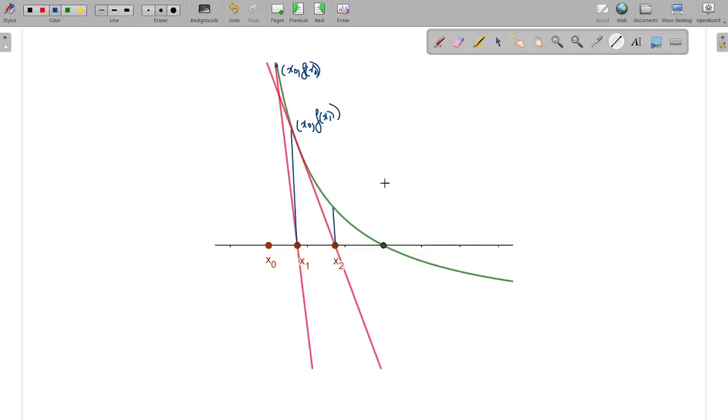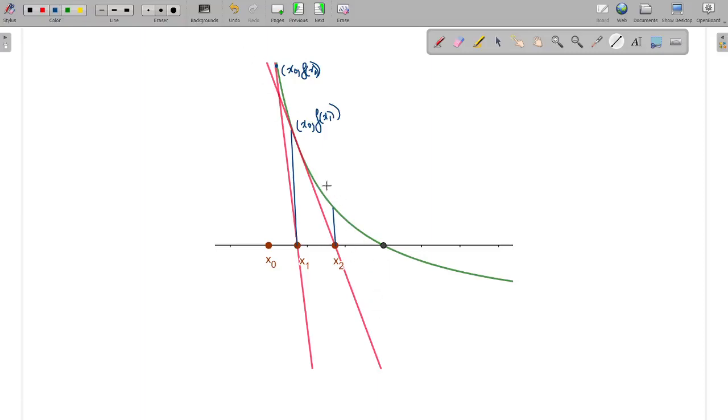Now how do we find the tangent to the graph of a function at some point x naught? That is simply the slope of that line.